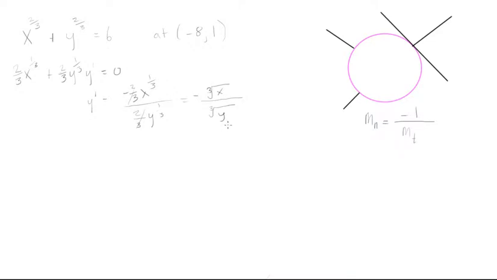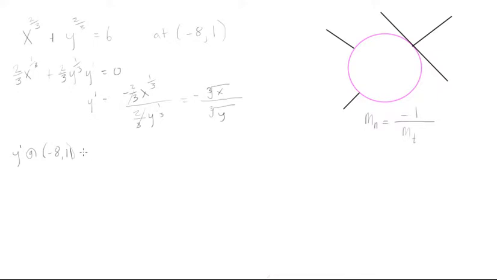So now what we want to do is find y prime at the point -8, 1. So if this is y prime, all we have to do is put in the point -8 and 1. We'll write it like this: y prime at the point -8, 1. This isn't really proper notation. This is just so you know that we're solving for that point.